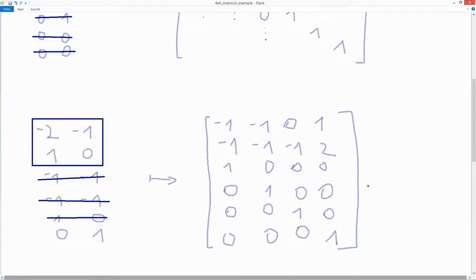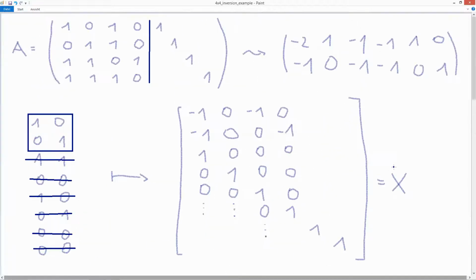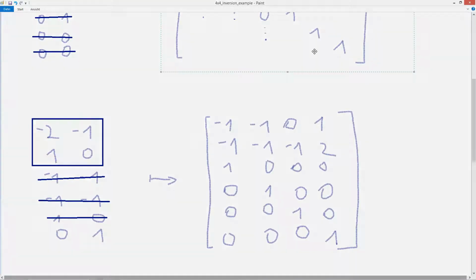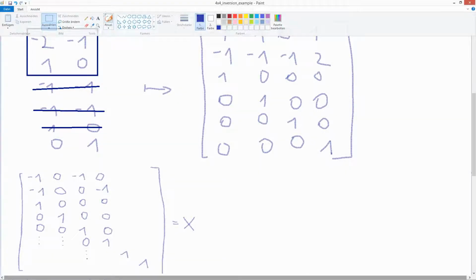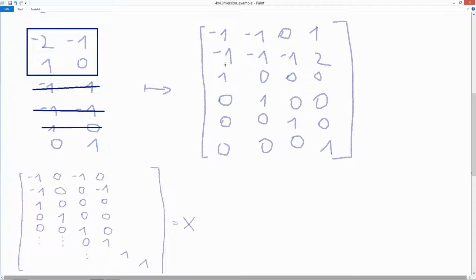The next thing we have to do is to insert the columns of this matrix here in the matrix X. So we will need the matrix X again. And we have to insert the columns of this matrix here in the matrix X. So let's do this.